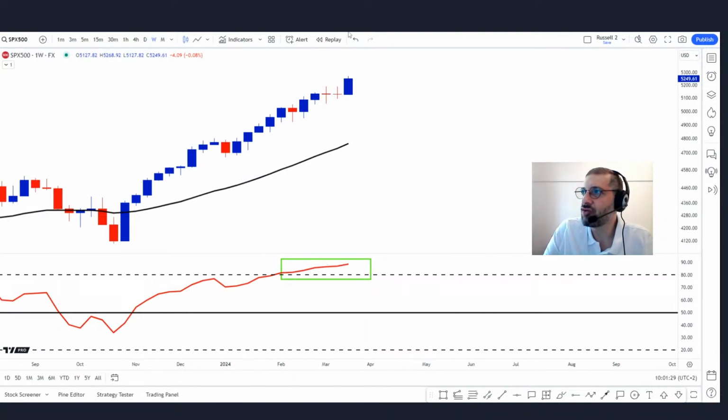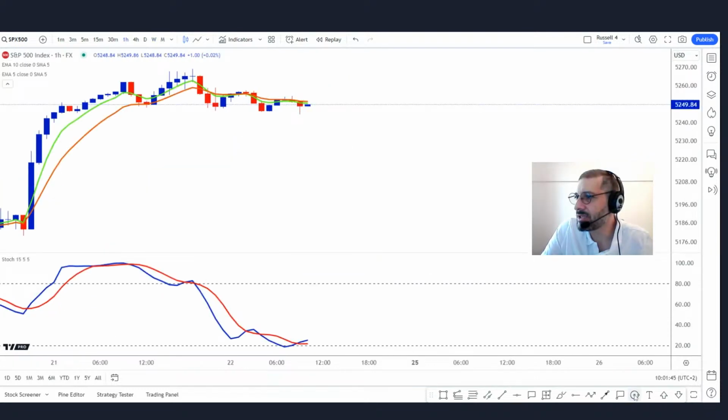Okay, I'm going to go straight through to the SPX 500 hourly chart and see what's going on there. Okay, just sharing SPX 500. And again, we've got the positive crossover on the stochastic.